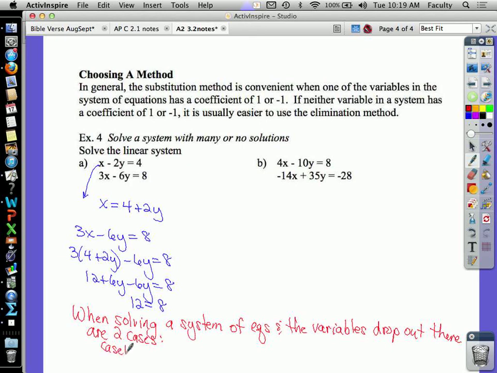Case 1, you get a true statement, and the true statement means there's infinitely many solutions.